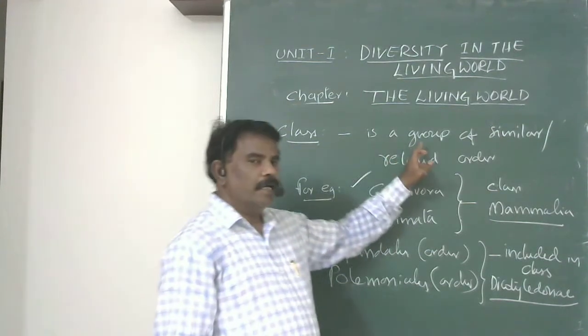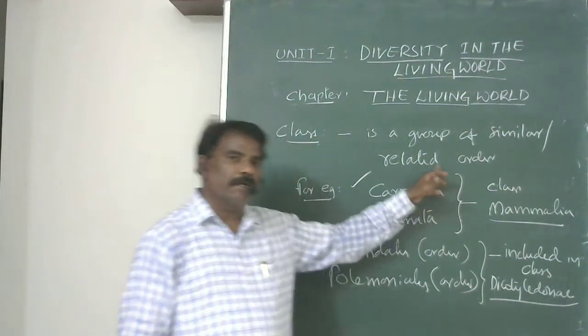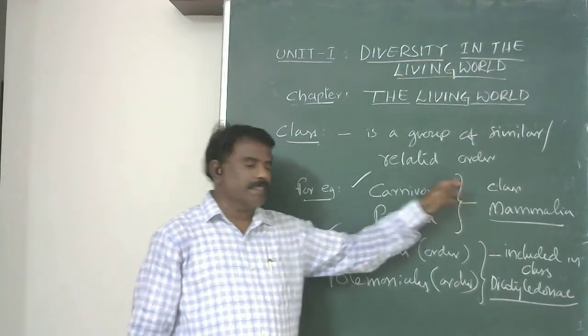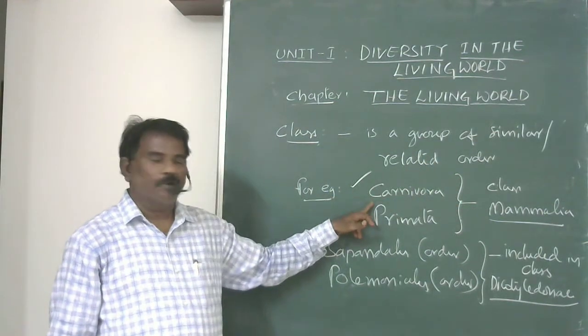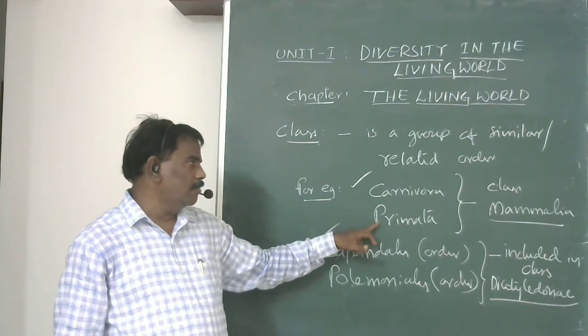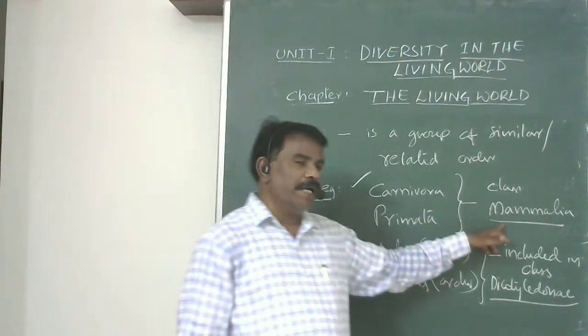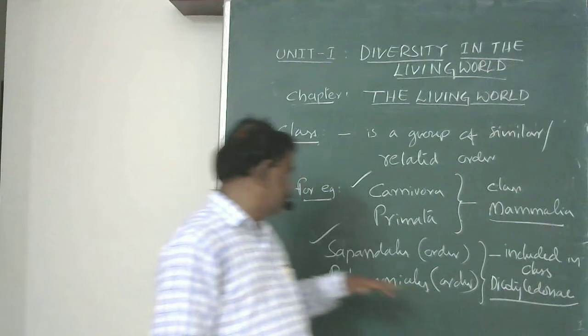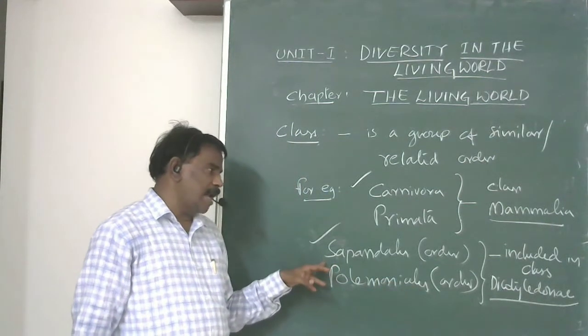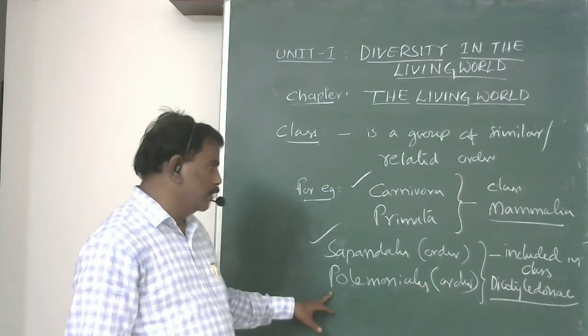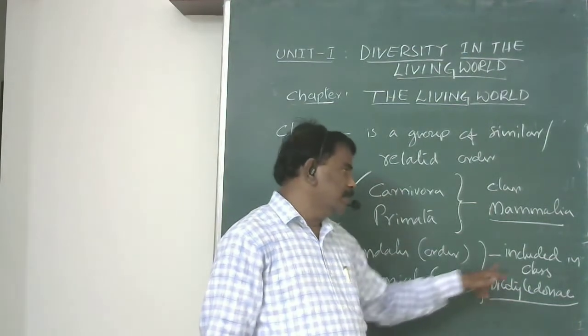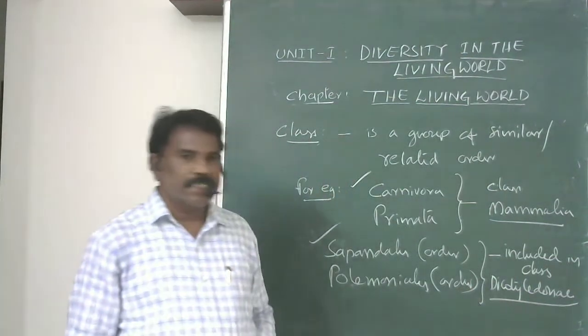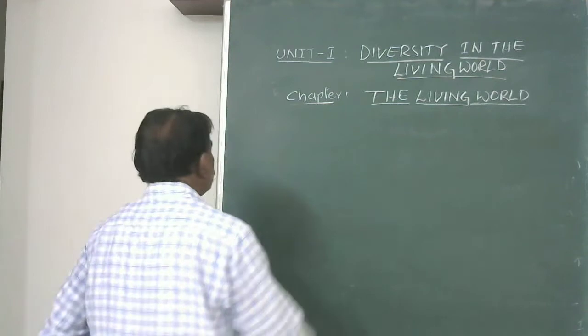Class is a group of similar or related orders. For example, Carnivora and Primata are included in class Mammalia, while in plants, Sapindales and Polemoniales, both orders, are included in class Dicotyledonae.